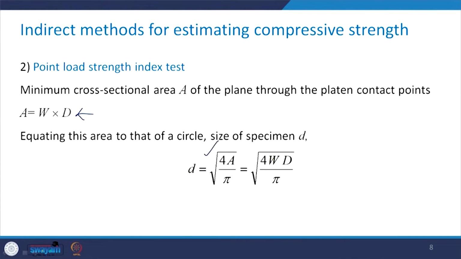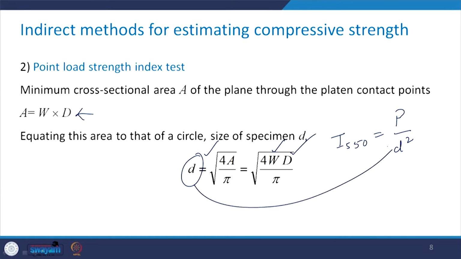So, if we have W and D, we should be able to find out the equivalent diameter De, and then we can use the expression IS50 equal to P upon D squared, where instead of D you have to use this De. For these special shaped specimens, use this, find out IS50, and then you can get the compressive strength.